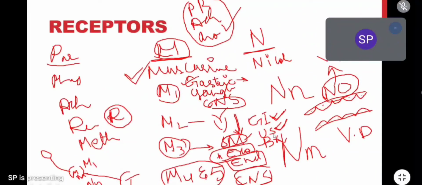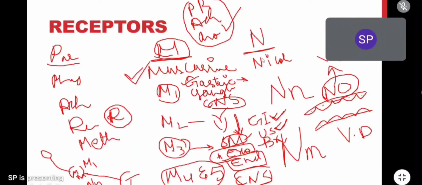M3: bronchoconstriction occurs, gastric motility increases, the patient will develop diarrhea, urination, and blood vessels will be dilated. M4 and M5 actions are not determined correctly; we cannot say. Sometimes confusion, sometimes anxiety, sometimes the patient goes into depression, mixed actions.